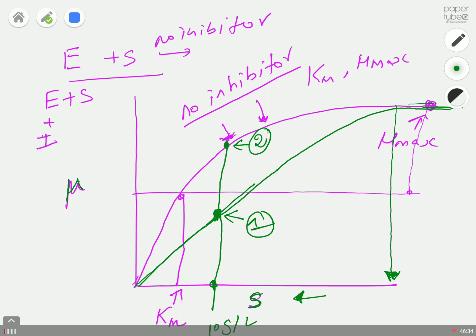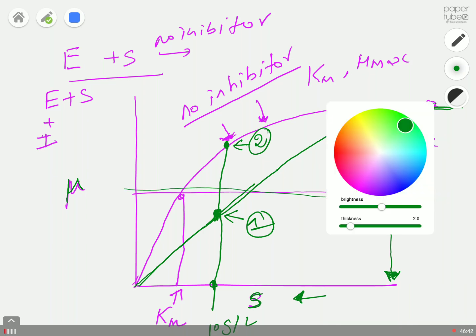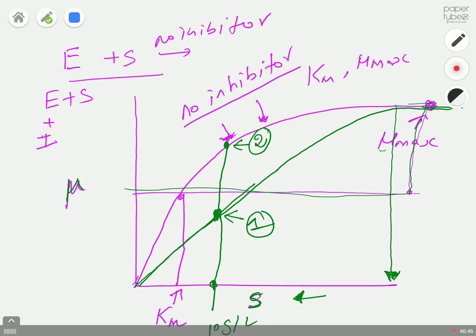Another thing that you can notice is if you take mu max by 2, which is this line, I will change the color again. Let's follow the red color pen. So this is our mu max by 2 line, and if we try to calculate the substrate concentration when your initial velocity is exactly half of the maximum initial velocity, that's somewhere around here, which means your Km value is already altered.